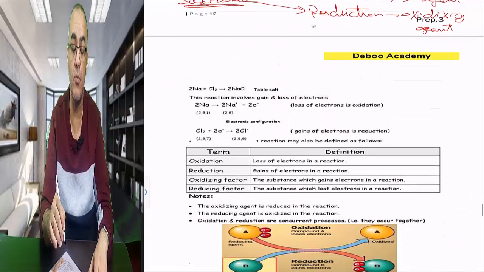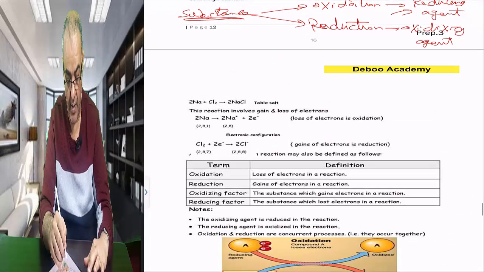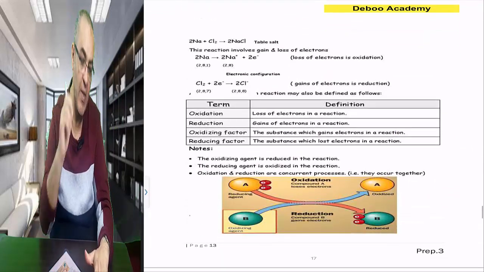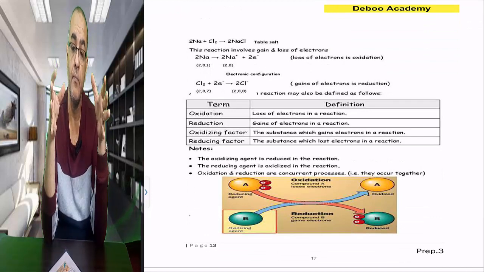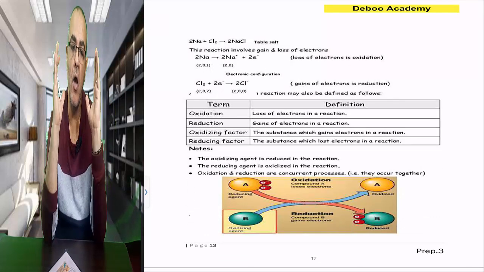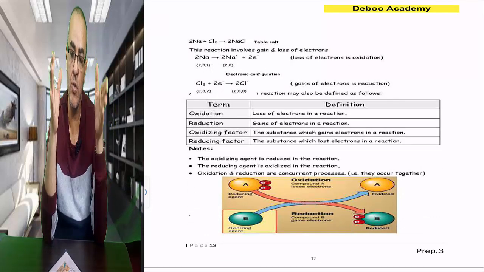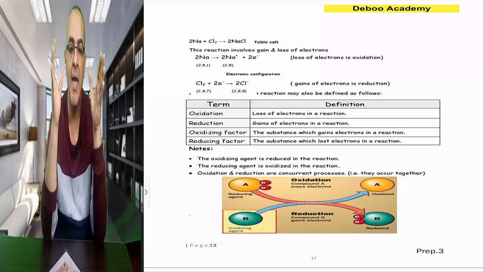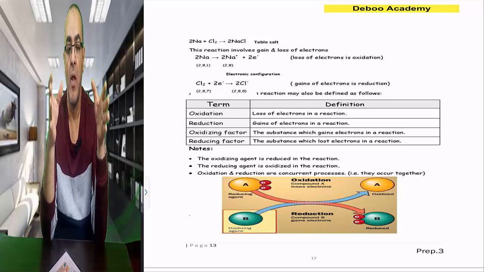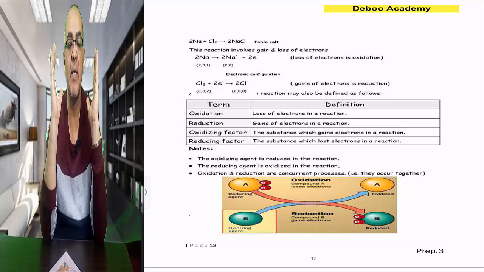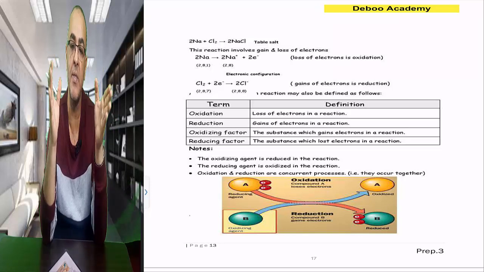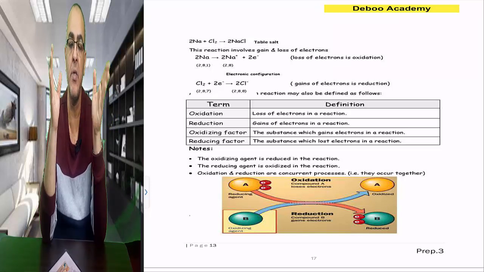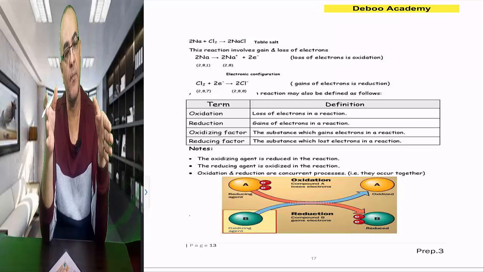To understand oxidation and reduction, we conclude that oxidation is a process that makes the substance rich in oxygen and poor in hydrogen. Reduction is the process that makes the substance rich in hydrogen and poor in oxygen.